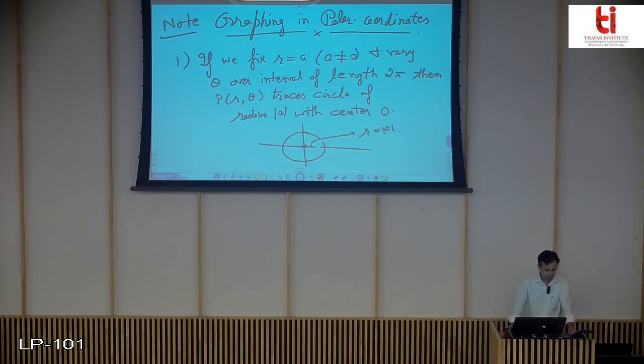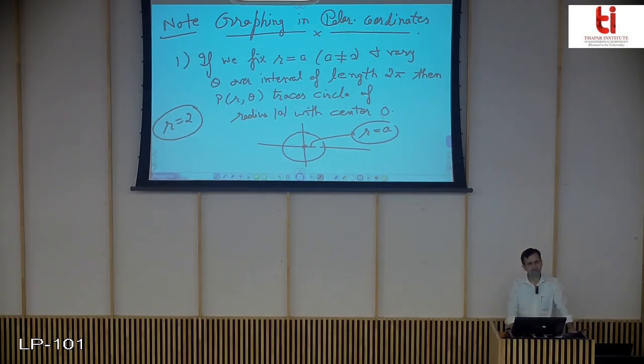So this is simply what he is saying, that whenever you have been given r equals 2, this should be r equals a. When we take radius, then we take mod a. Why? Because radius should be positive, it can't be negative. Even if we are taking a negative, the radius will be positive.